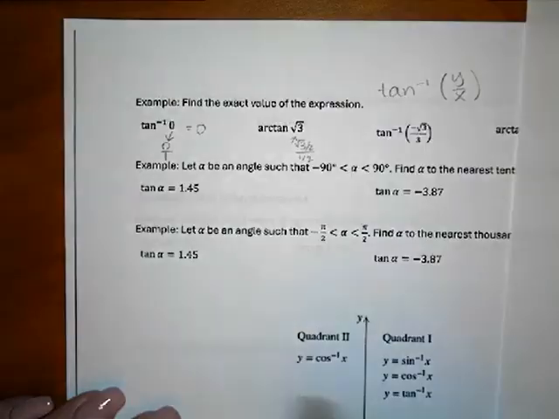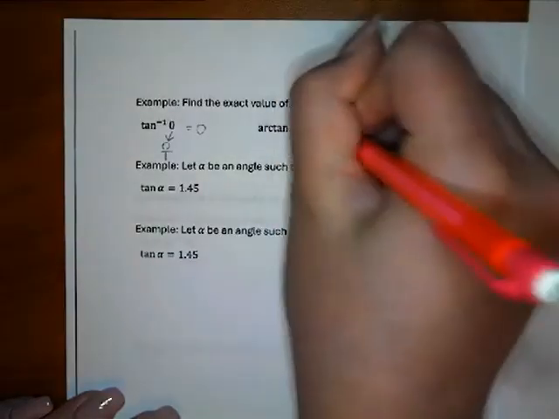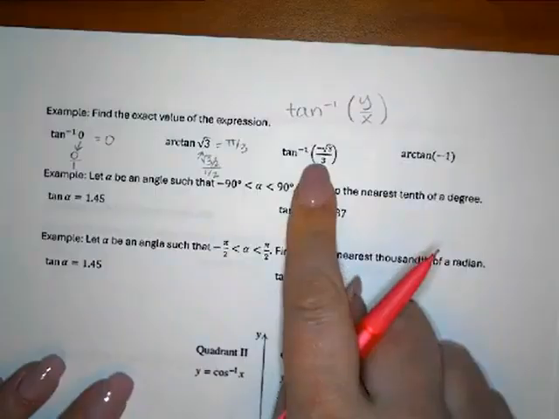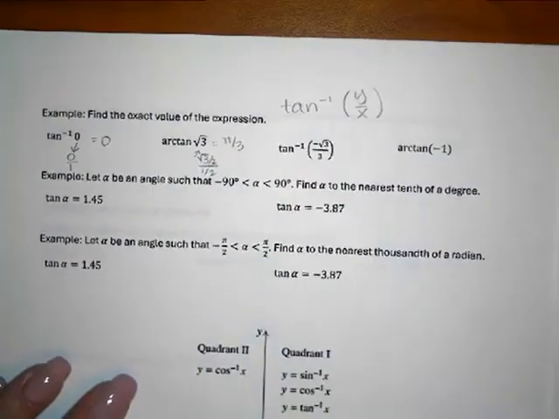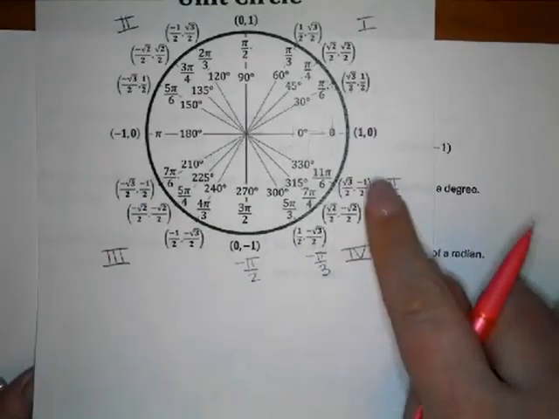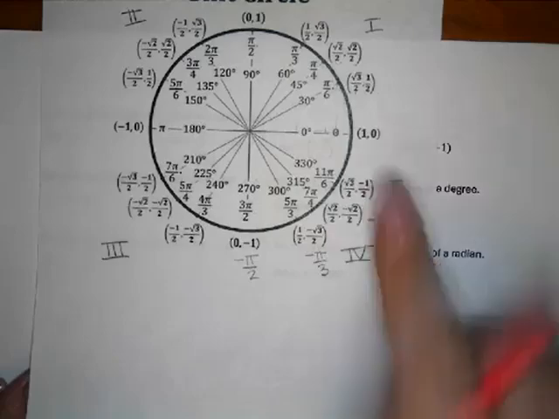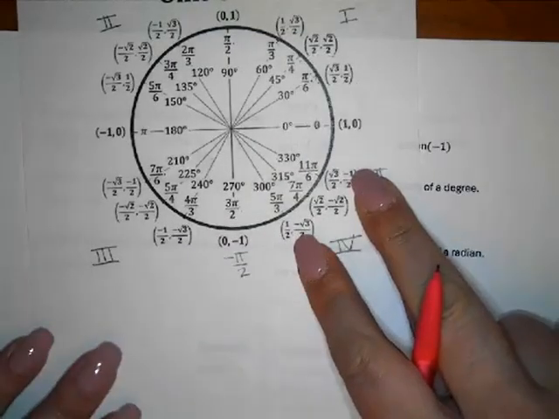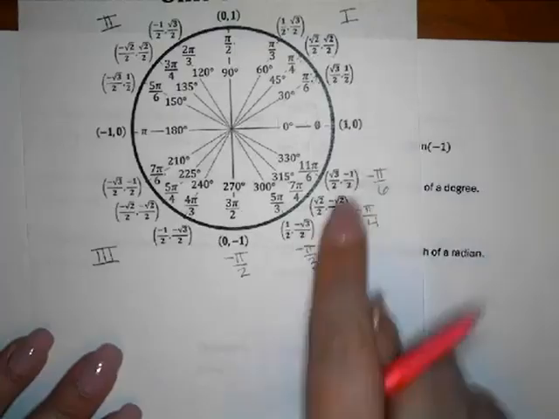Okay? Negative root 3 over 3. So now we have a negative, which means we're looking at these ones down here. Again, we have these two options, and since it was negative root 3 over 3, we're looking at this one. We must have had negative 1 over 2 divided by root 3 over 2.